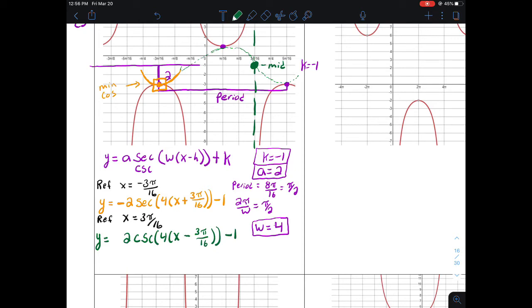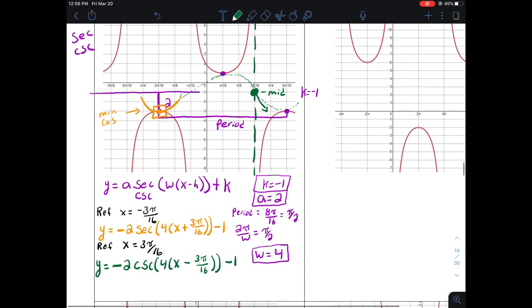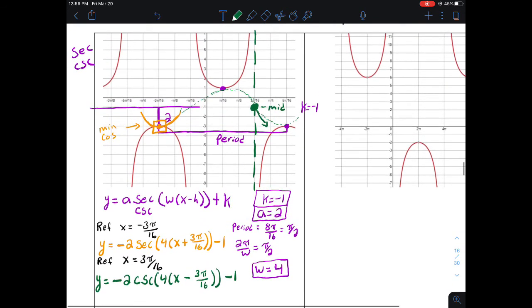Now I have to choose if it's going to be positive or negative. Well, if I was writing the sine equation, and I start at a midline, I go down to sine's minimum, sine would have to be negative. So if sine has to be negative, cosecant has to be negative as well. So that's how we write the equation of a secant or cosecant function from its graph.